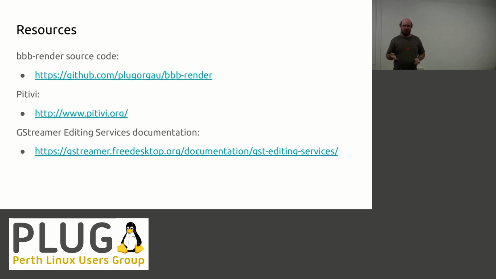If you're rendering MPEG-4 video, H.264 or whatever, GStreamer does have hardware accelerated encoders, usually accessed via the VA API. So in general, that's really going to depend on your GPU drivers.